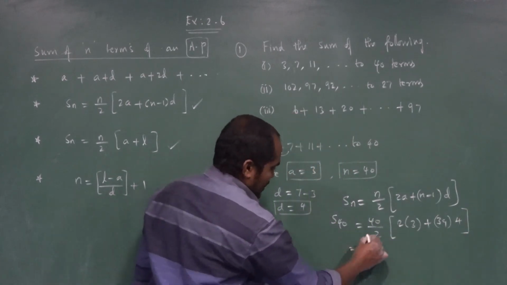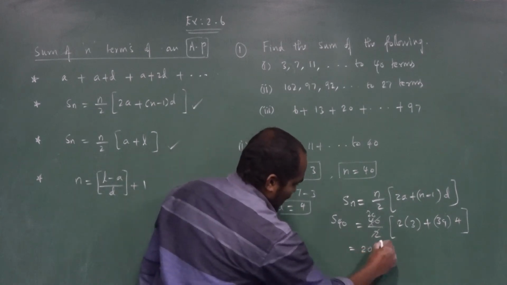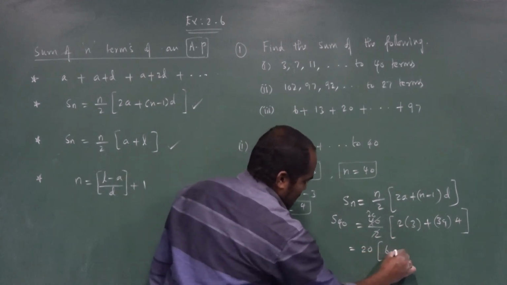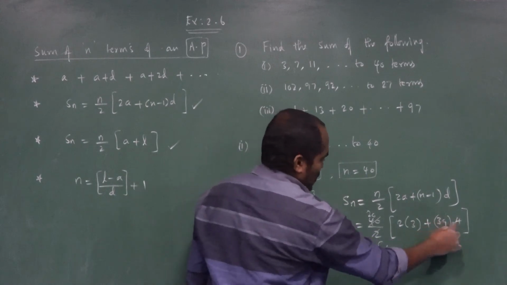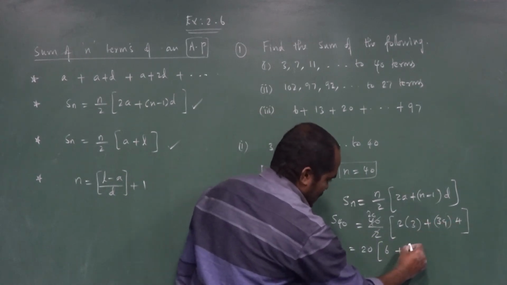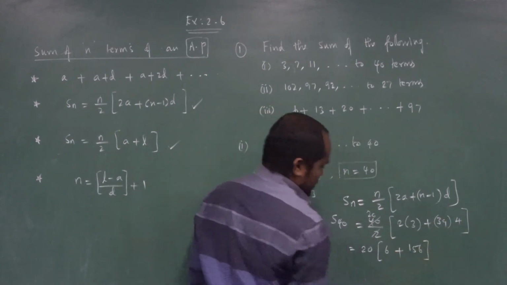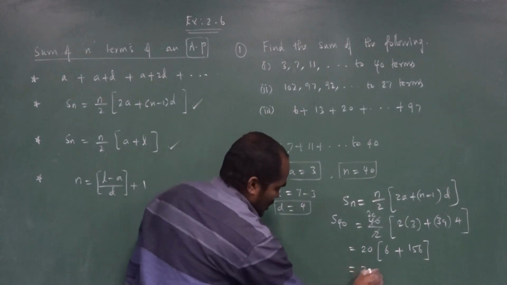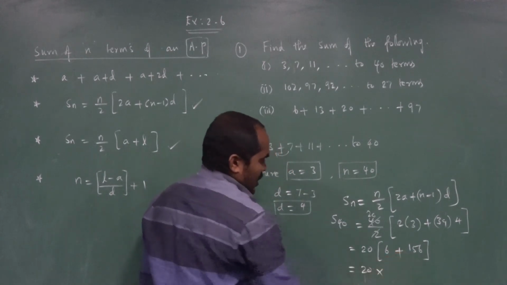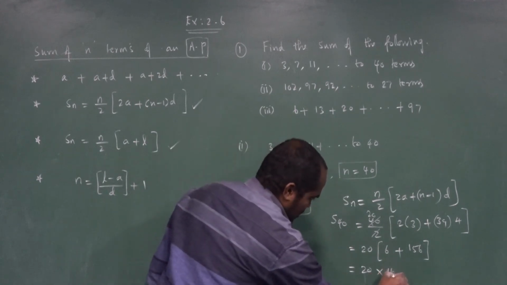So this is equal to 20 of 2 3s are 6 plus 39 fours are 156. 120 plus 36 we get 156. So this is 20 into 156 plus 6, which is 162.